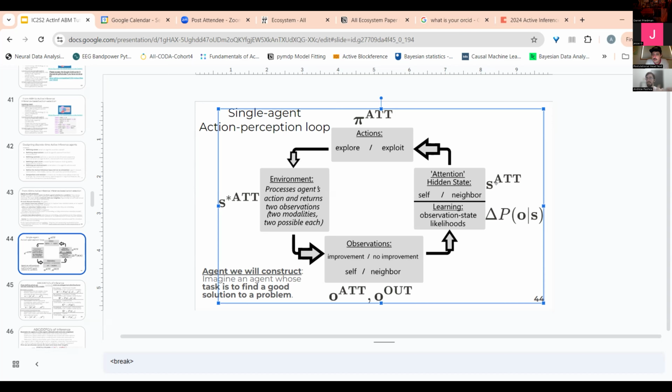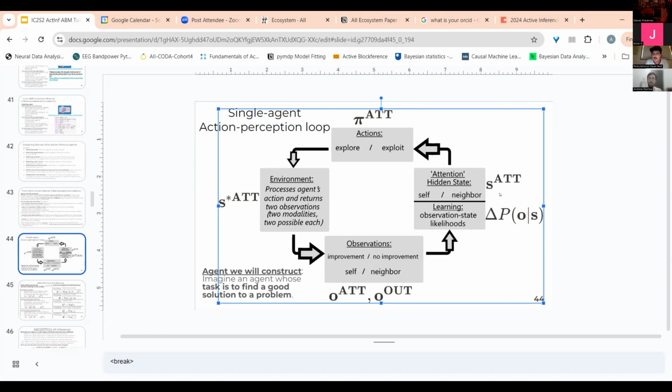An agent takes in observations and then, using what's called a likelihood model, which is in chapter 7, we refer to it as the A matrix. Remember, we have the A, B, C, and D matrices. This is the A matrix. It's the probability of that observation that they just received given the hidden state.